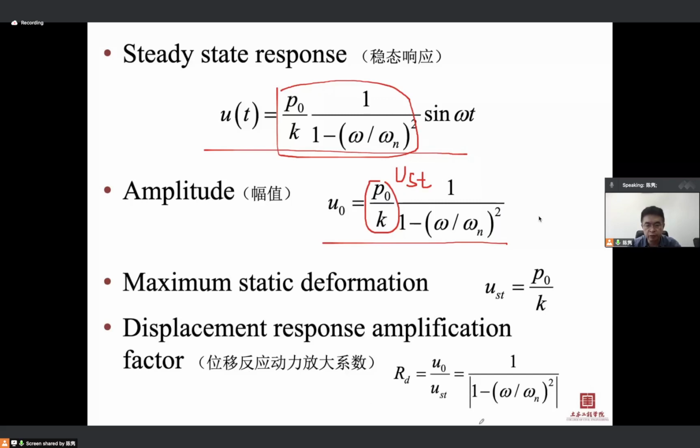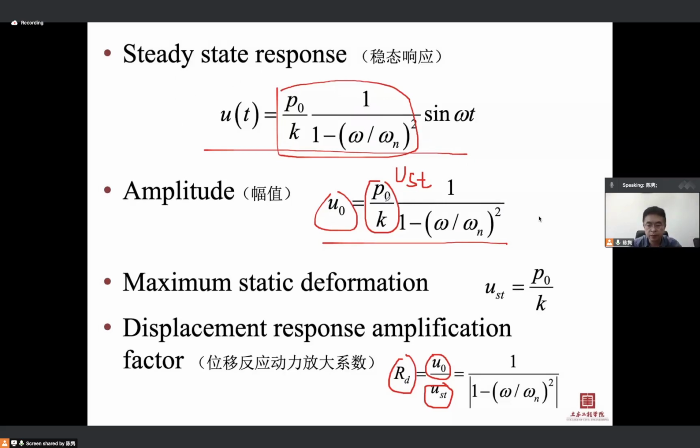We use the absolute value here, and this is U0, the amplitude, divided by UST, the static deformation. So if you know the static deformation and you know this factor, then you can directly know the maximum amplitude of the steady state response.